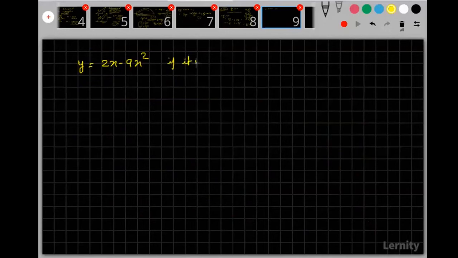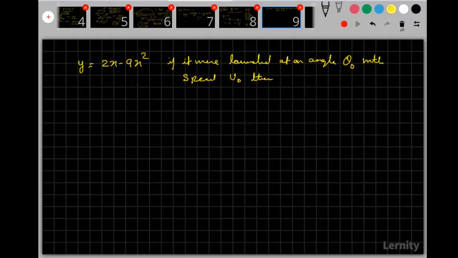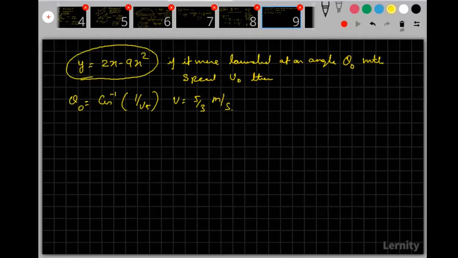If it were launched at an angle theta 0 with speed v0, then what are theta 0 and v0? The trajectory of a projectile near the surface of the earth is given this way. They have given you the trajectory. They are asking you what is the angle of projection and the velocity.